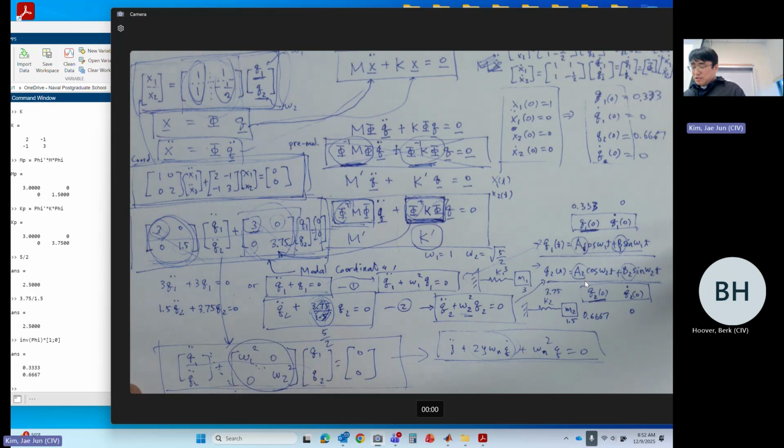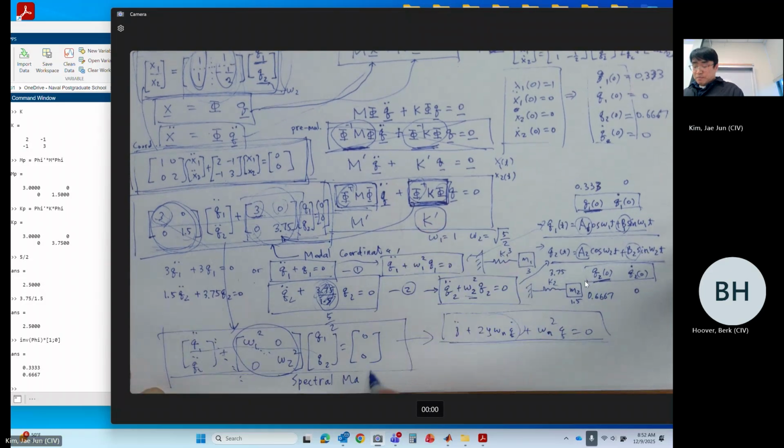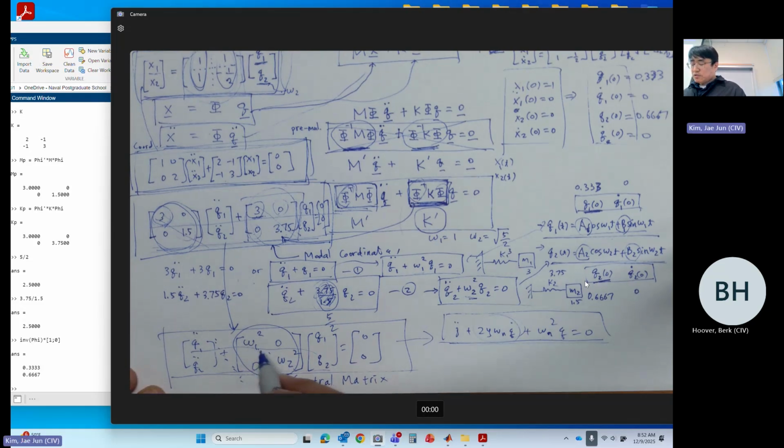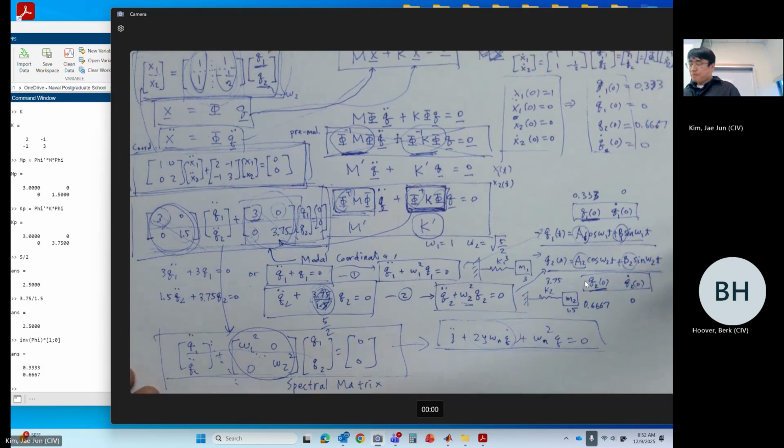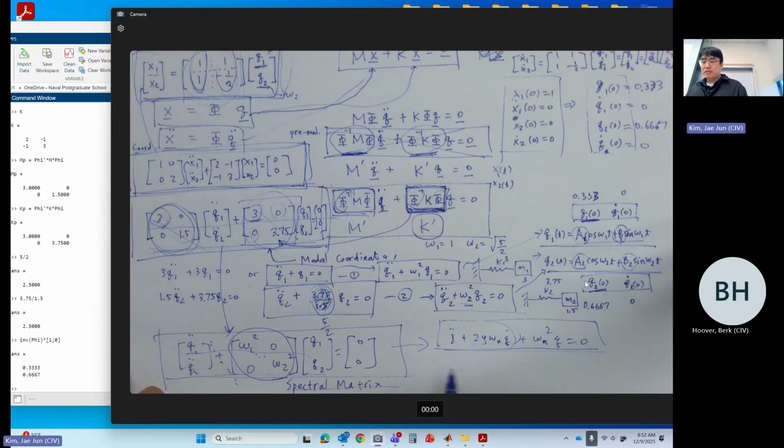So we call this matrix the spectral matrix, whose diagonal components are eigenvalues or the natural frequencies squared. So we call this the spectral matrix.